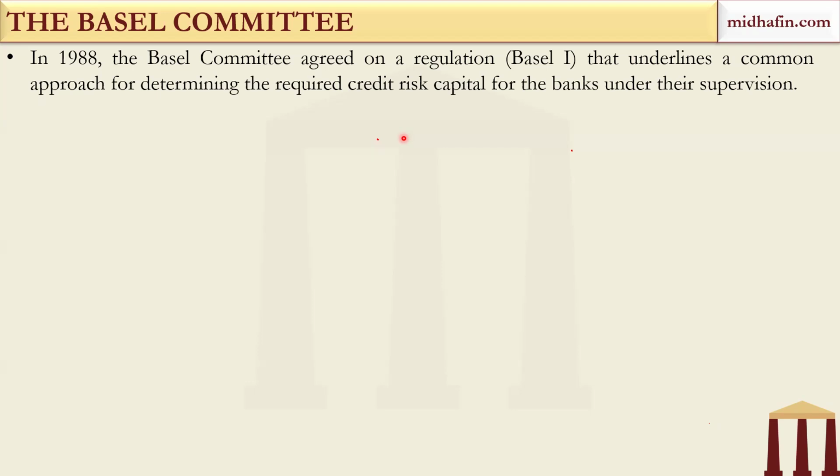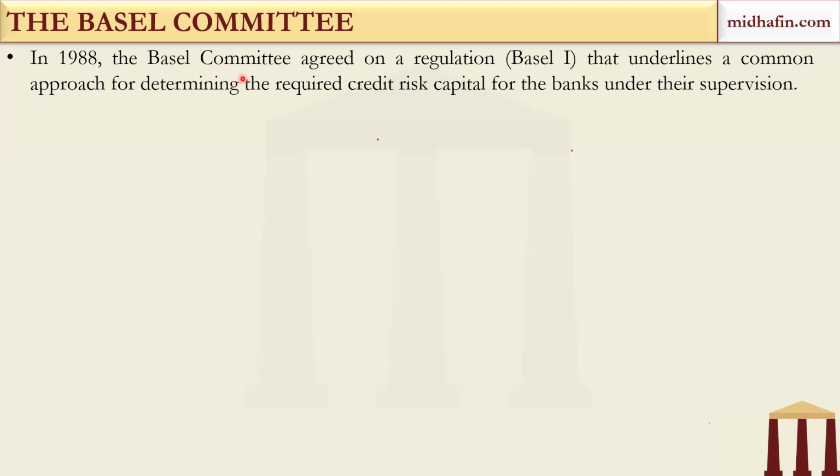Hence liquidity ratios were different, solvency ratios were different. So all these ratios were the main thing, the precursors to the proper formal regulations which happened in 1988. In fact, in 1988, this committee was formed, the Basel Committee. This Basel Committee was actually formed earlier than that.